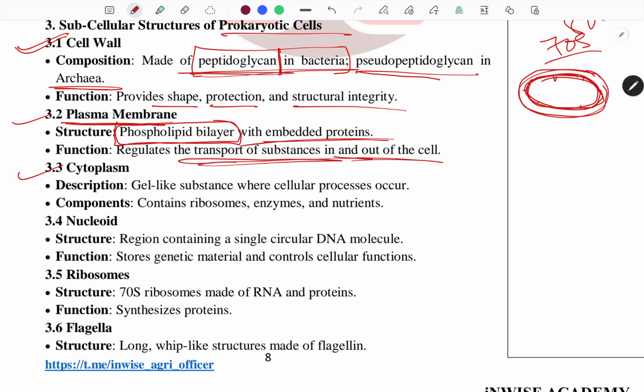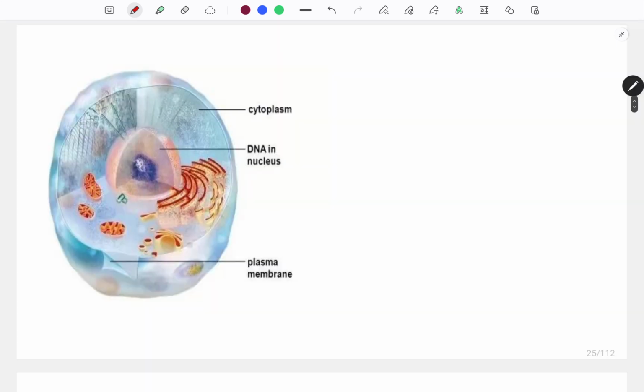There is a cytoplasm. We can say that it is a gel-like substance where cellular processes can occur. It is present throughout the cell. See, in this image, this light blue color is what we call the cytoplasm.